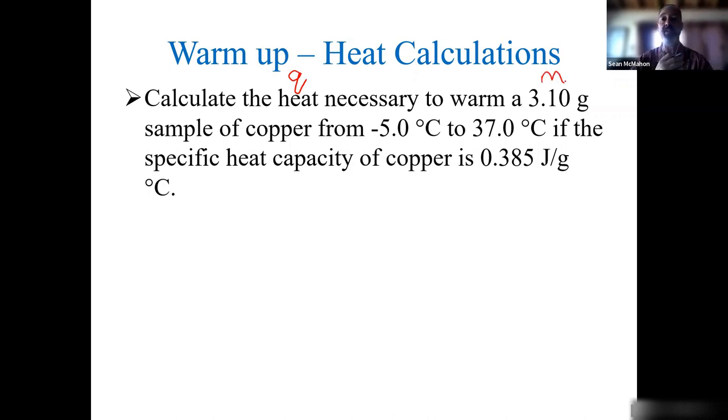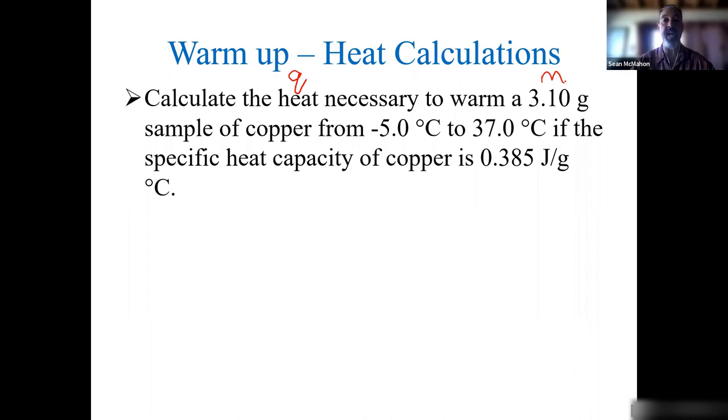So now I know that it's copper, from negative 5 degrees Celsius to 37, if the specific heat capacity of copper is 0.385 joules per gram degree Celsius. So I'll reread that without interrupting: calculate the heat necessary to warm this mass of copper from this temperature to this temperature.